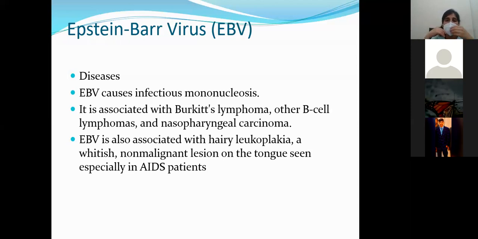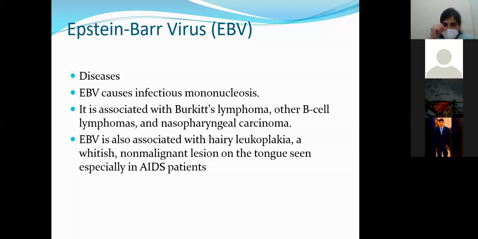I told you, when adults and younger children are infected with cytomegalovirus, the presentation is just like mononucleosis, but the heterophilic antibodies are negative, whereas the heterophilic antibodies are positive in Epstein-Barr virus. It is associated with Burkitt's lymphoma and other B-cell lymphomas and nasopharyngeal carcinoma as well.